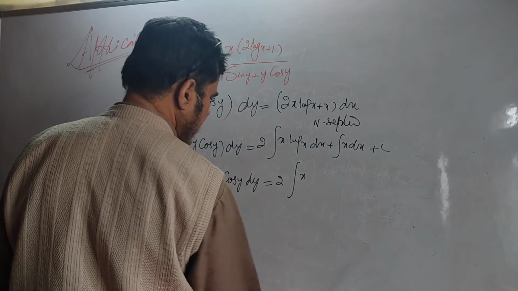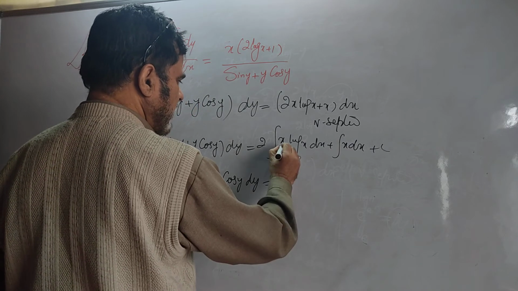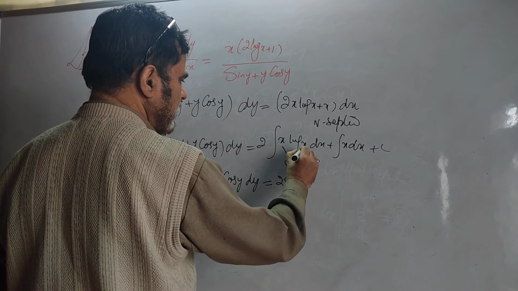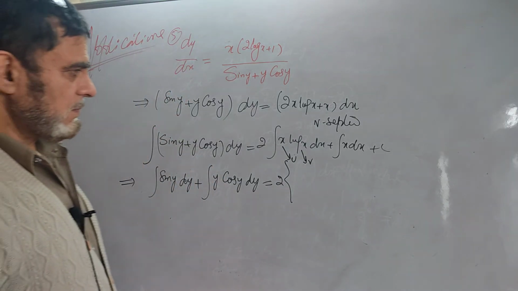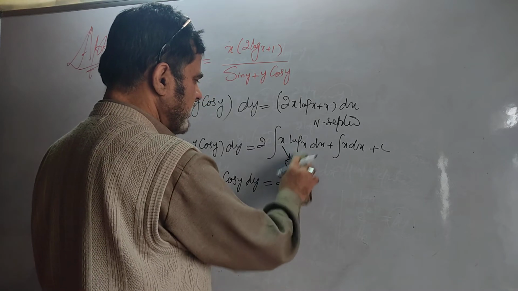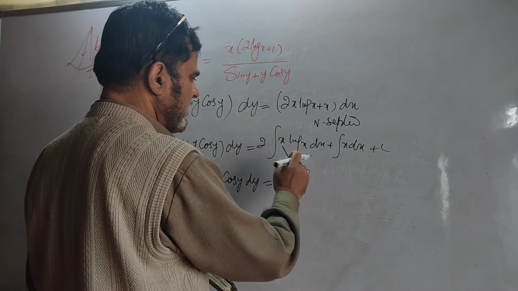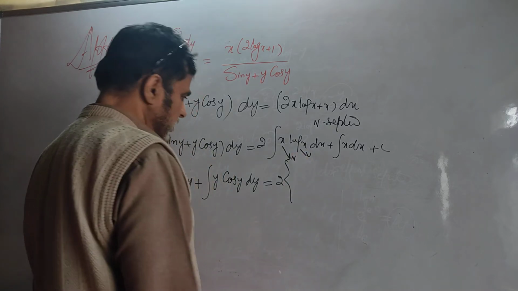I will go this way here, by parts. I will take this as u, this as v. Product rule for integration. Not this for v, because the log function we take for differentiation; we don't know its integration directly. This is your u, this is your v. ILATE rule.